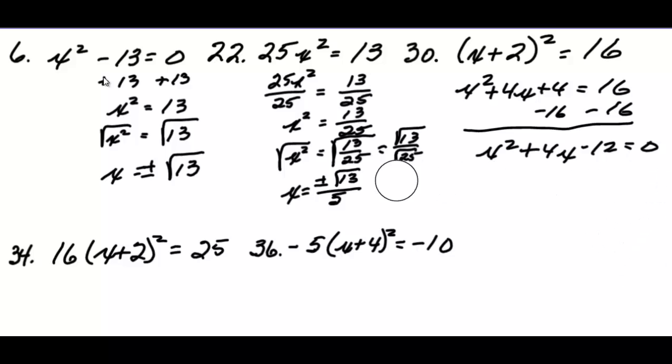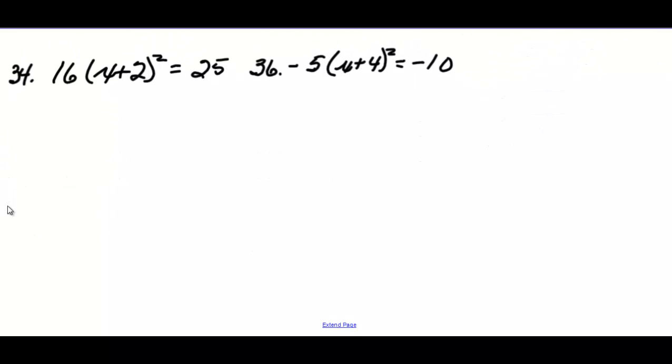I'm going to erase some of this right now, but we're going to scroll down so that we have just our problems there. Now, if we look at number 34, interestingly enough, on the right side, 25 we know is a perfect square. And when we look on the left, we see that 16 is also a perfect square.